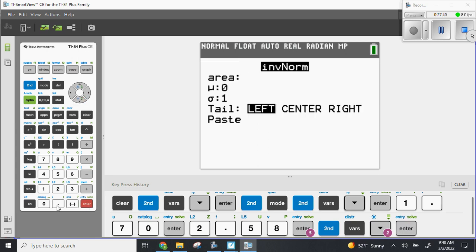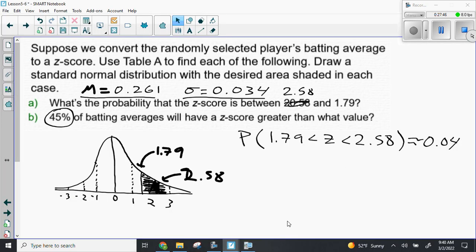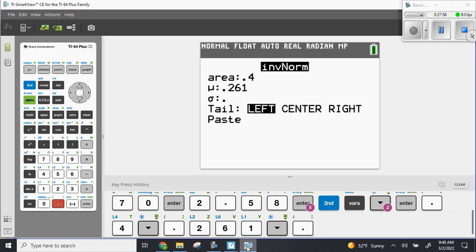The area I'm looking for is 0.4. I wanted 40%. And now I'm going to have to enter our mean from the problem of 0.261 and our standard deviation of 0.034.